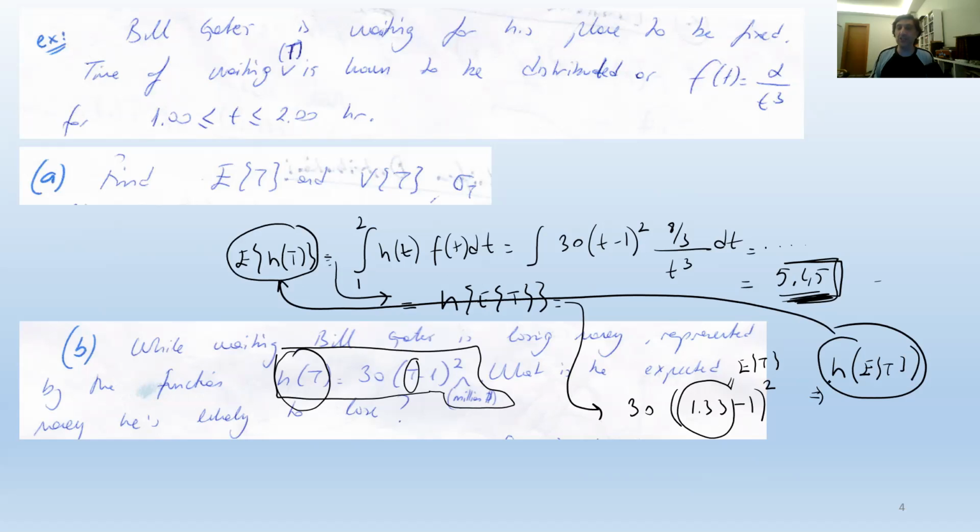The expected value of h(t) would not be equal to h of the expected value, unless h and E can change locations, and this is possible only if h is a linear function. If there were no square here, yes, that would work, but please don't do this. But since there is a square here, this won't work. So I hope the idea is clear. All right.